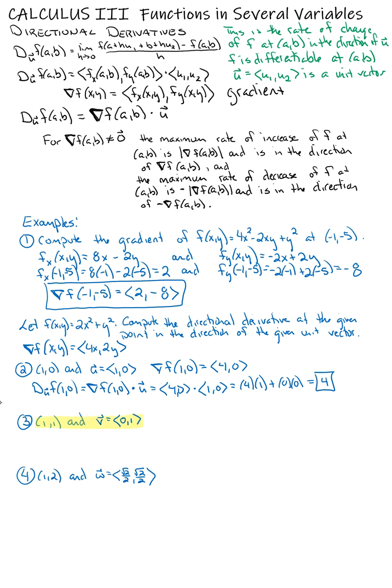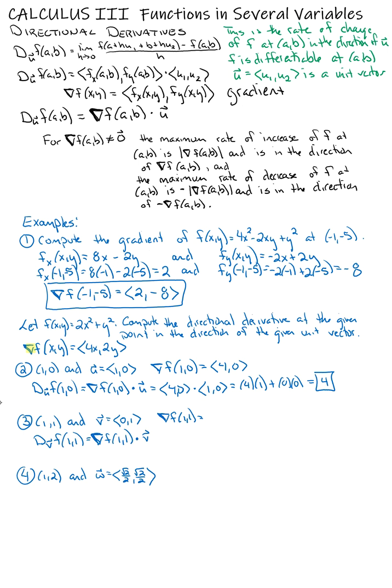Example 3, very similar. Now our point is 1, 1, and our unit vector is 0, 1. So again, in this case, our directional derivative in the direction of v of f of 1, 1, that will be the gradient evaluated at our point 1, 1, dotted with vector v. So that means we need to figure out the gradient evaluated at 1, 1.